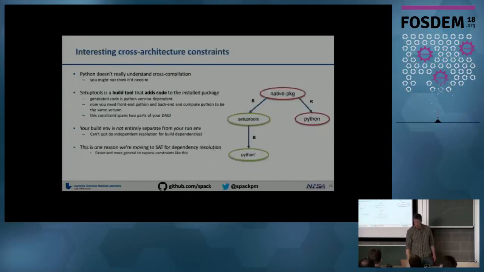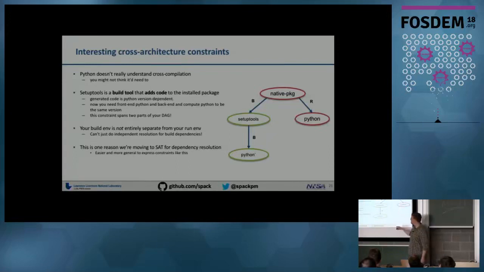There are some other interesting constraints that come up in this environment, like this one I wasn't even expecting. There are certain tools, like setuptools in Python, that actually add code to the installed package. So you may think that you could just do resolution separately for the front end and the back end. But you actually can't, because setuptools is running in this Python on the front end, and it's going to inject code that needs to run in this Python on the back end. Now, Python's interpreted. Why does it care about architectures?